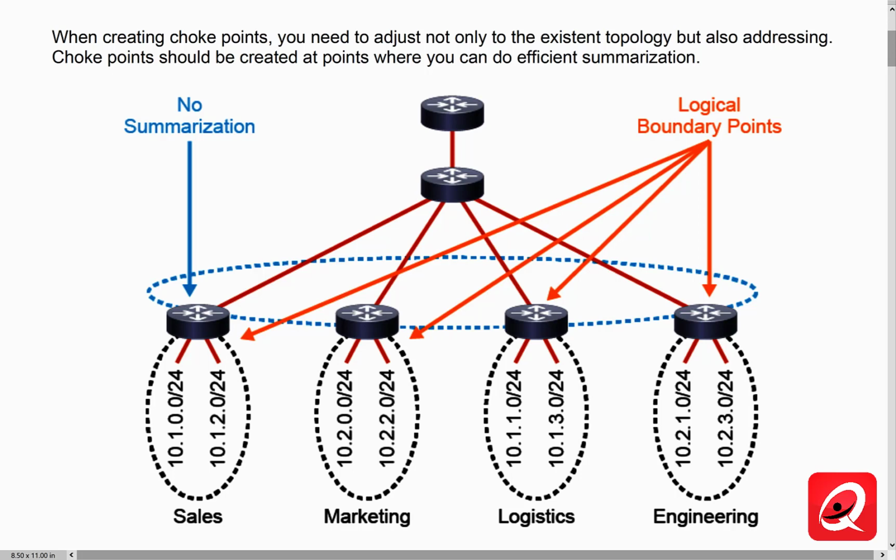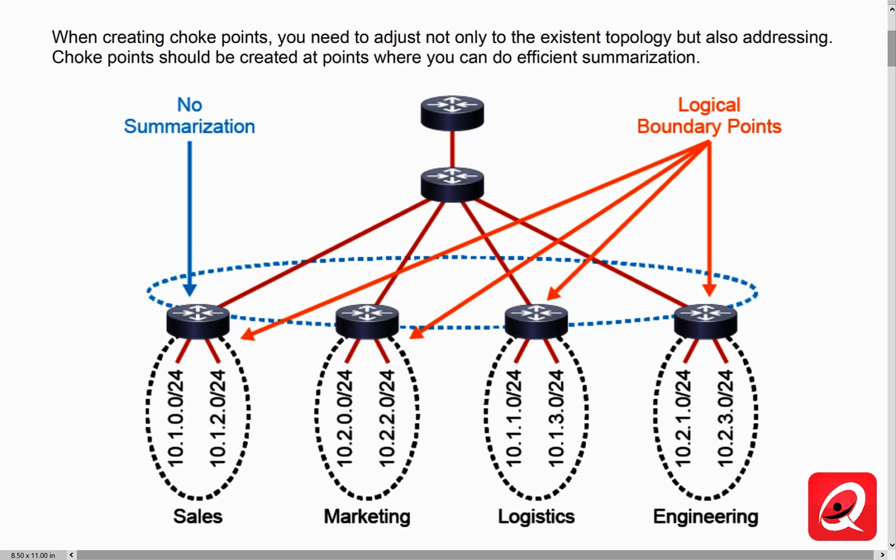And that logical boundary point between the lower routers, which in this particular case doesn't provide any ability to do summarization. Why not? Because if you look at the sales network, you've got 10.1.0 and 10.1.2, and then you've got logistics kind of over on the right with 10.1.1 and 10.1.3, and then marketing and engineering are kind of split.